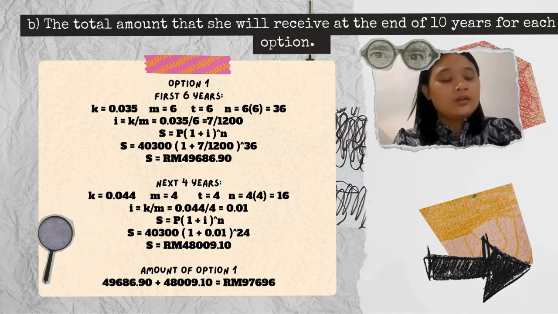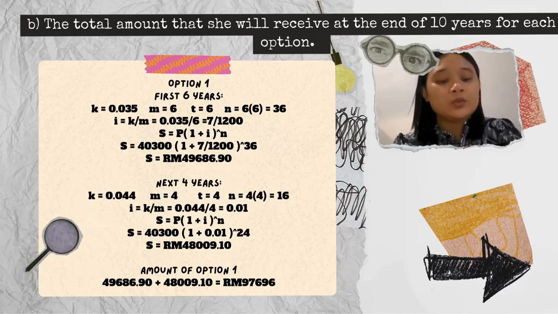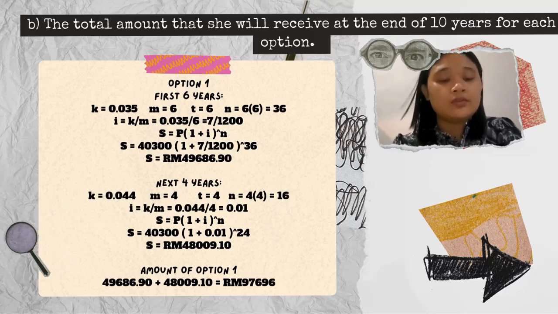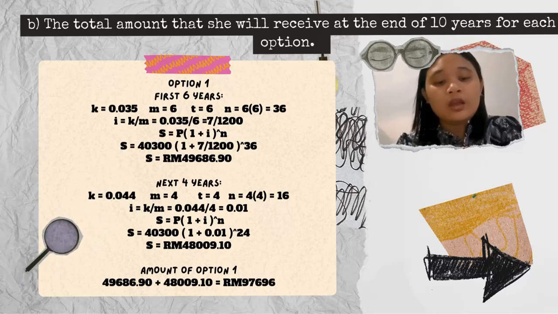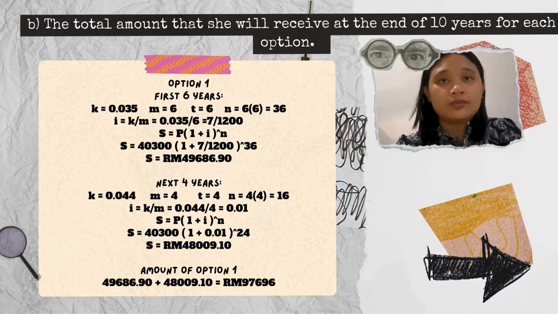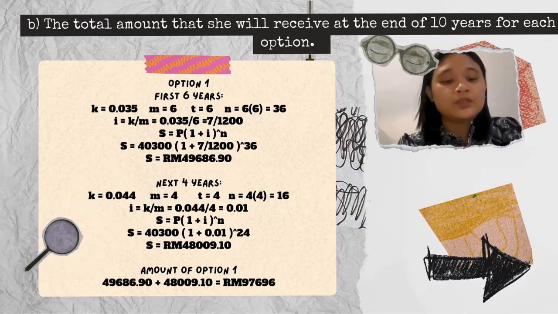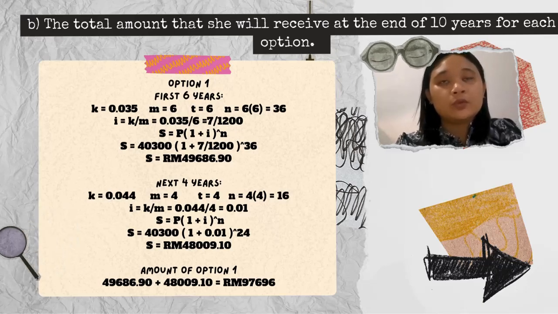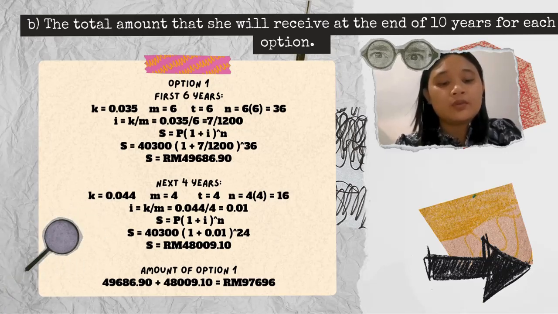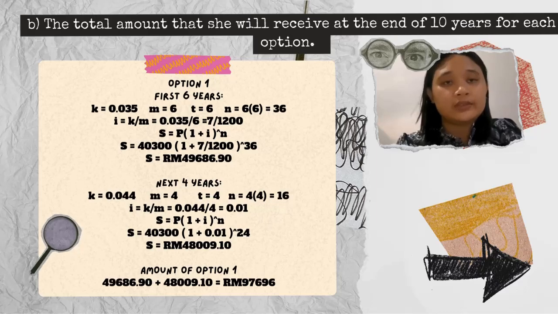Next 4 years, K equals 0.044, M equals 4, T equals 4, I equals 0.044 per 4 equals 0.011, N equals 4 times 4 equals 16.